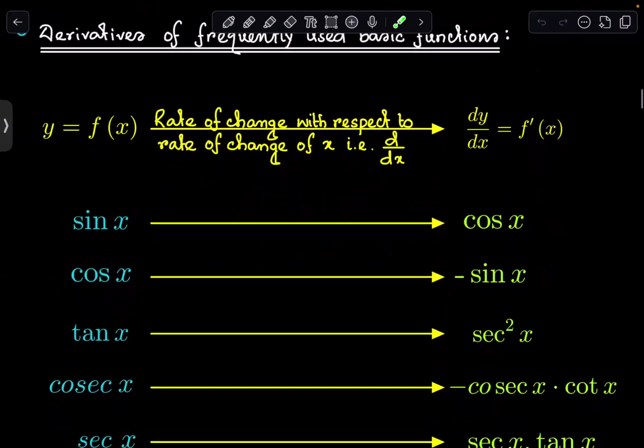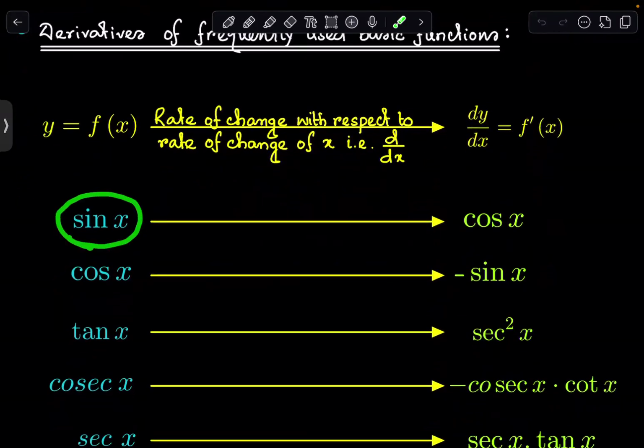So over here, as you can find, sin x after rate of change gives cos x. On the curve y equals sin x, if you find the rate of change of the ordinate with respect to the independent variable angle, then at that very point we get the rate of change the same as cos of the same angle.